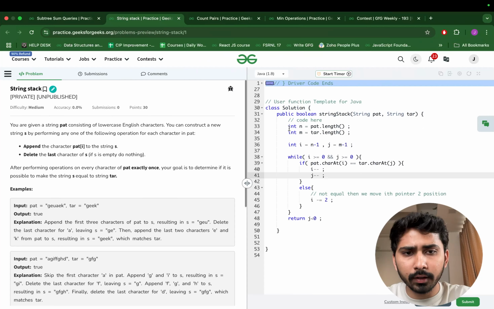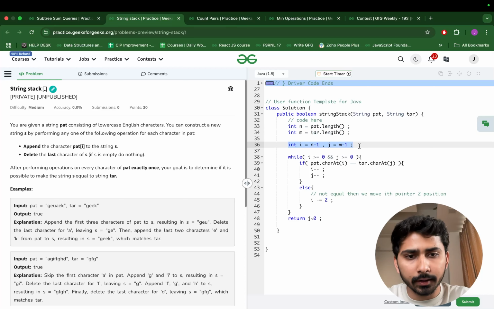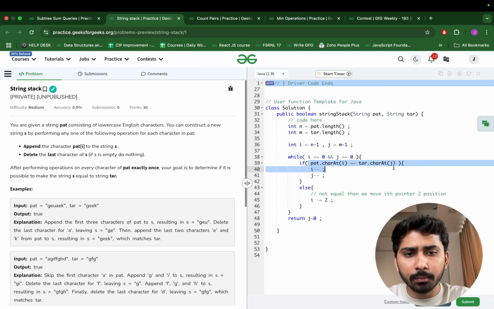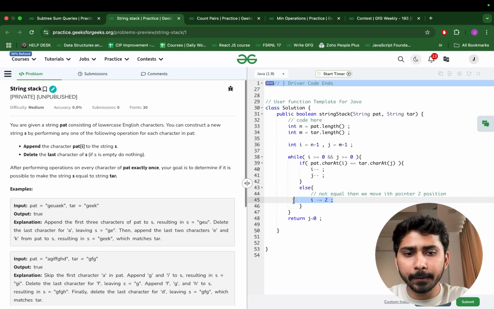Implementation is very straightforward. Find the length of the first string pet as n and m as the length of tar. i will be pointing to the last character of pet, and j will be pointing to the last character of tar. While i and j are both greater than or equal to 0, I will check: if the ith and jth characters are equal, then move the i and j pointers both together. If the ith and jth characters in pet and tar are not equal, then you move the ith pointer two steps.